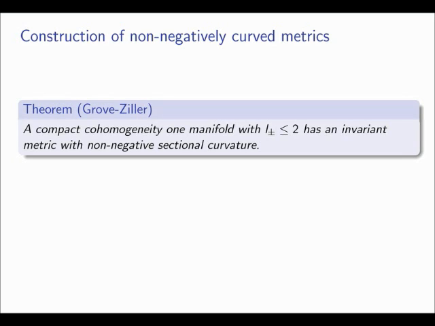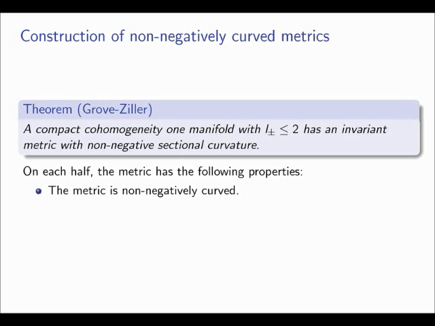So this condition just means you have two special singular orbits of dimension n minus 2, so the orbits are of dimension n minus 2 or n minus 1. If the cohomogeneity one manifold has this property, they showed there is an invariant metric with non-negative sectional curvature. This is given by this theorem.